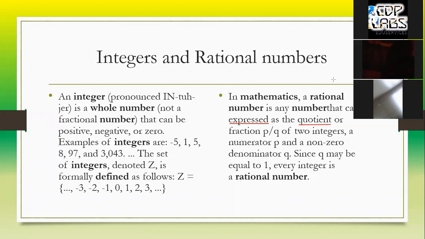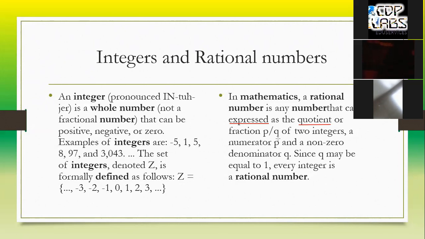Now, it is written as P divided by Q. Some say P slash Q, but it's P over Q or P divided by Q. A numerator P and a non-zero denominator Q. Now, if Q was zero, and please write it down if you wish, we as mathematicians say that the thing is undefined or infinite.